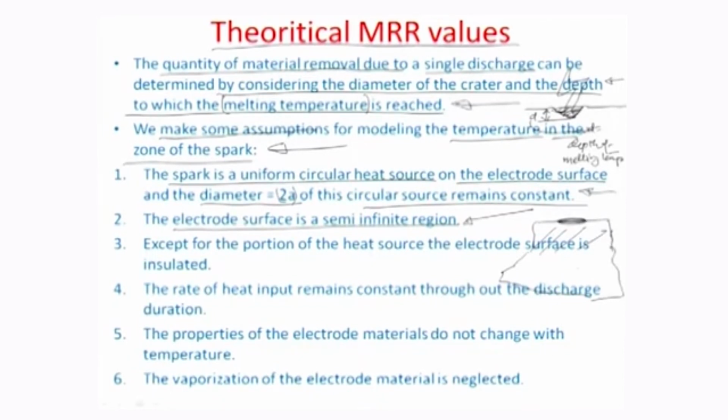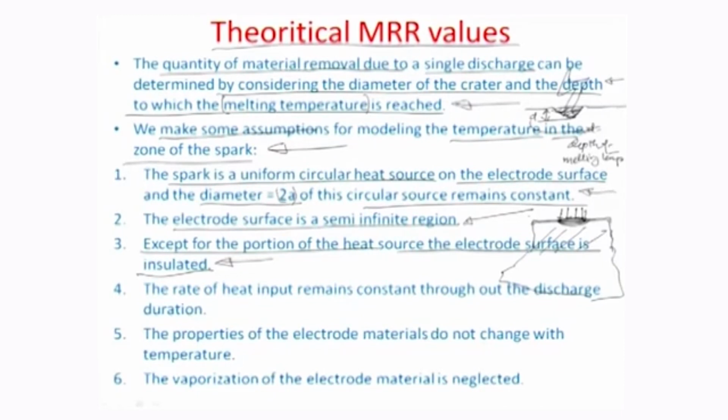So it can be treated as a part of the semi-infinite surface, and we also assume that except for the portion of the heat source, the electrode surface is insulated from all sides. So the only heat transfer which is going to take place is across this spot, and everything else is totally heat insulated. So there is no heat transfer which takes place away from the spot as one moves. So these are some things which, for simplification of the model, you have to assume.